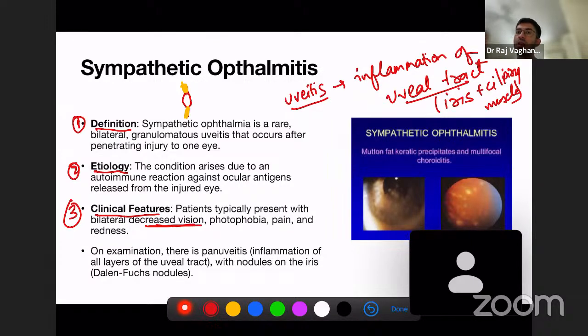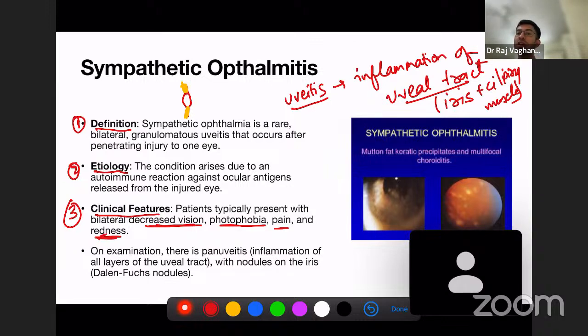There can be decreased vision because there is an infection of the ciliary muscles, and they will not hold the lens properly. If the lens is not in the correct place, you will have disturbed or decreased vision. You will have photophobia, pain in the eye on seeing light, pain and redness. These are the features of sympathetic ophthalmitis.